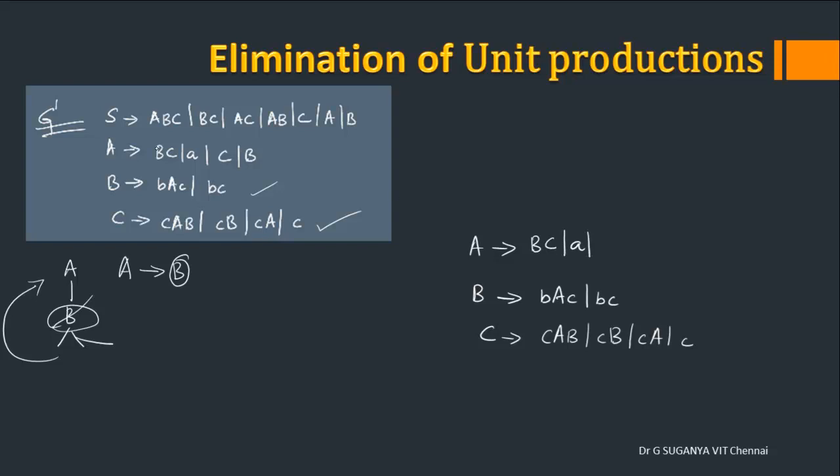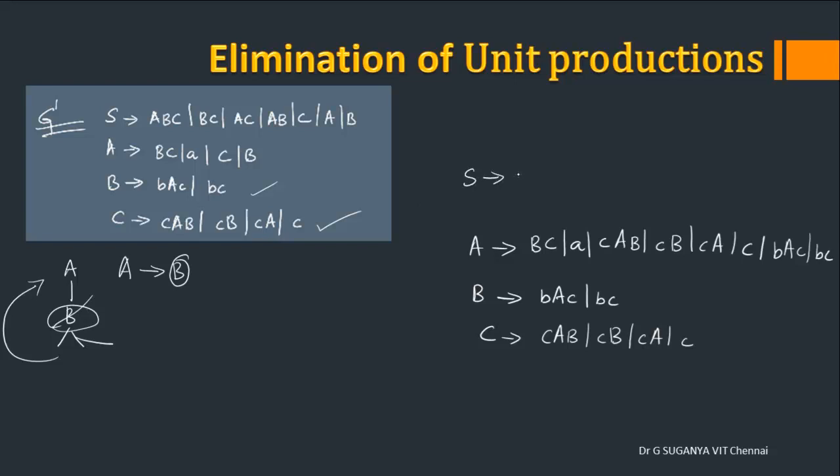So when A gives C, directly instead of this step, we can replace C's production. So what are the C's alternatives you can give? CAB or CB, CA or c. Now we do have one more alternate: A gives B. So B's production also we need to include. This is more or less like a macro substitution which we do in a normal programming language.